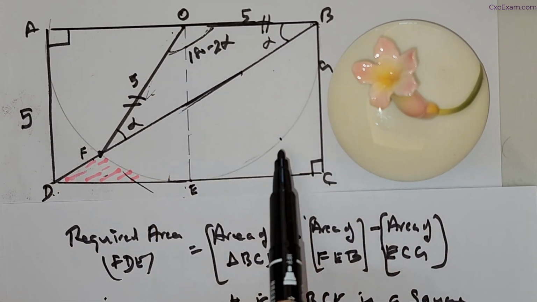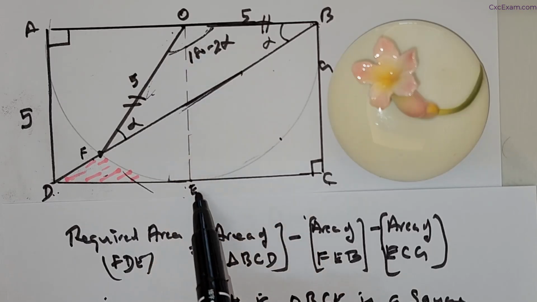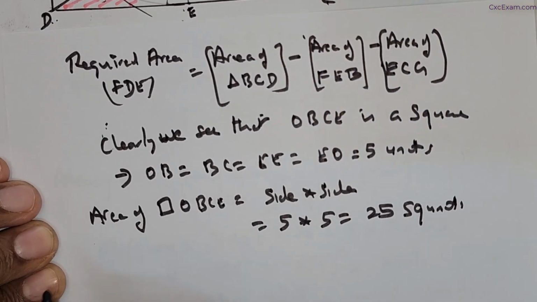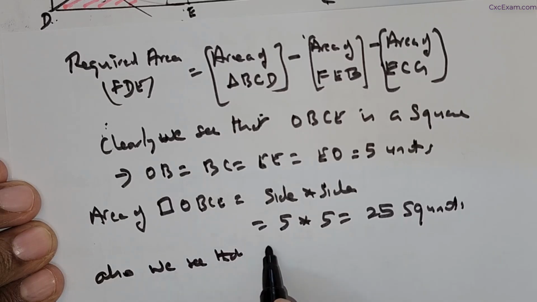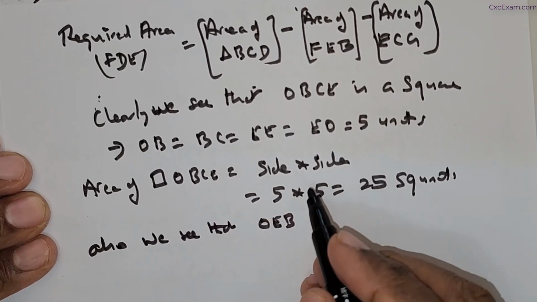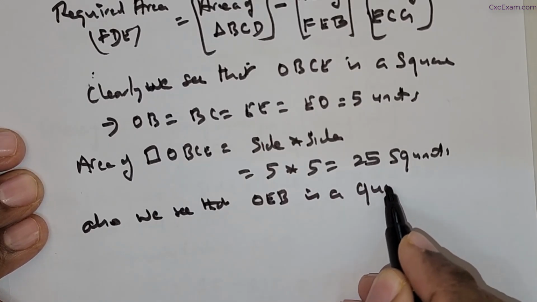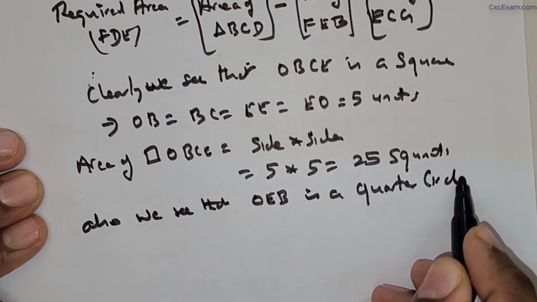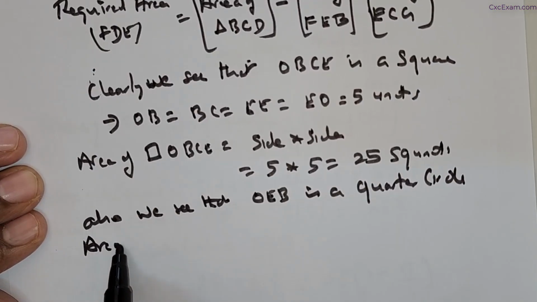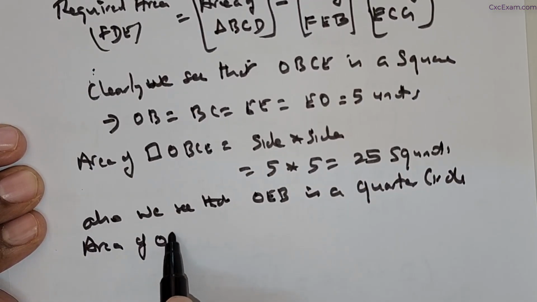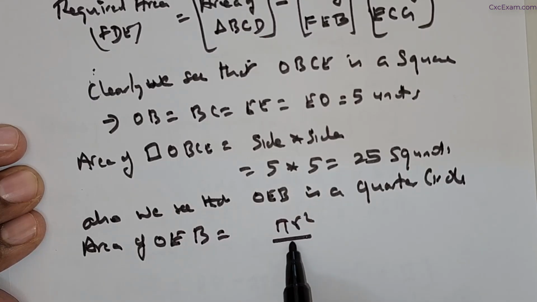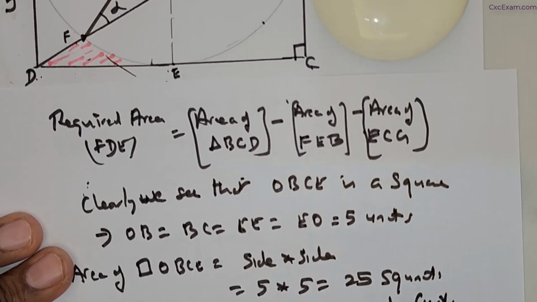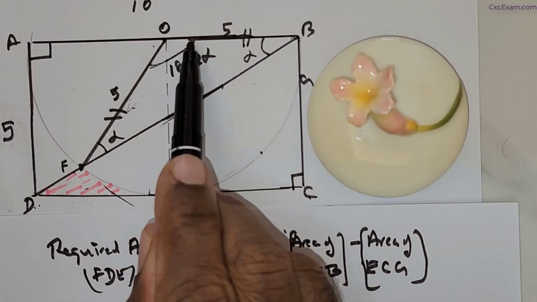Now you see this is a quarter circle. OEB is a quarter circle. So what is the area of the quarter circle? The area of OEB is going to be pi r squared divided by 4. Now what is the radius of the quarter circle?